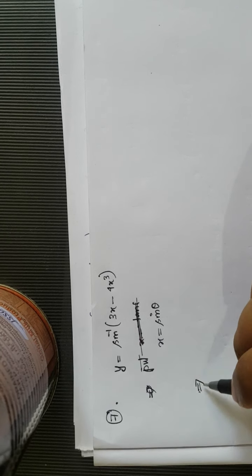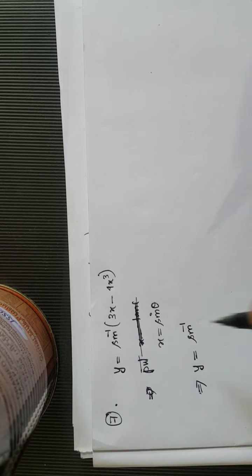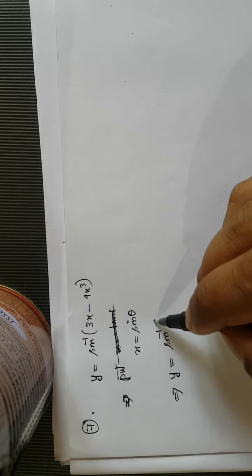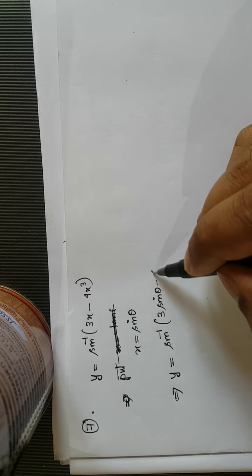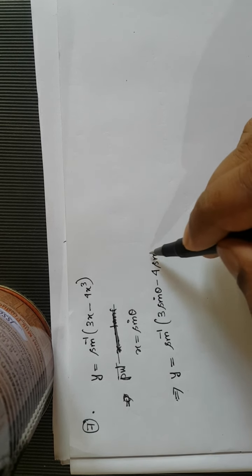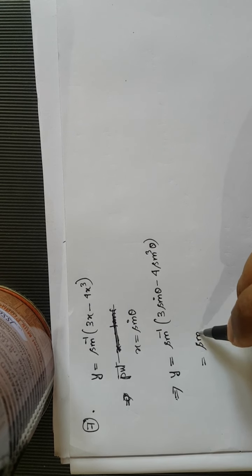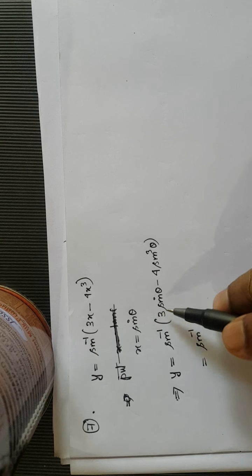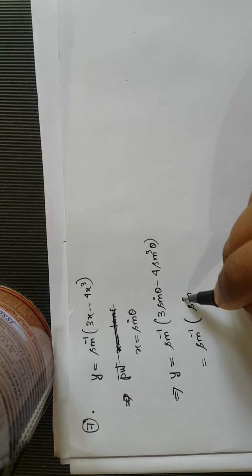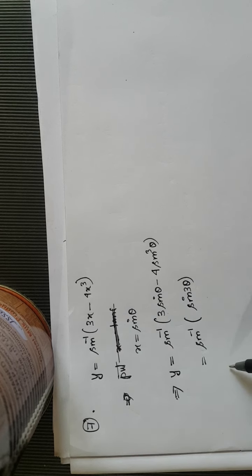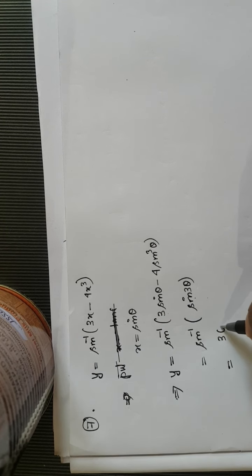Your y will become sin inverse of 3 sin theta minus 4 sin cube theta. Sin inverse of 3 sin a minus 4 sin cube a is equal to sin thrice theta. Sin inverse gets cancelled. This is thrice theta.